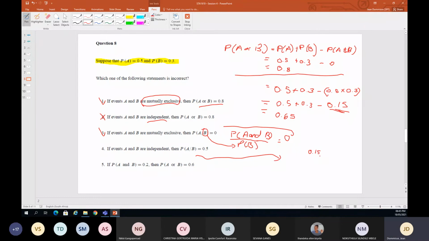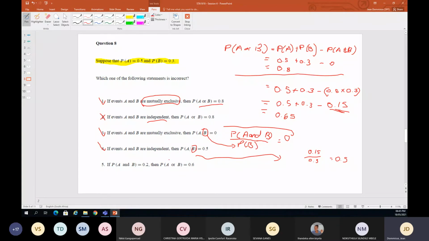Probability of B is equal to 0.3. So 0.15 divided by 0.3 will give you 0.5, which is correct. So basically, again, remember what independence means, and with independence, probability of A times probability of B gives you the probability of A and B.